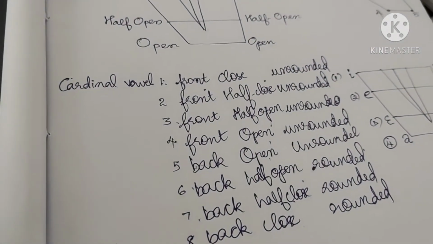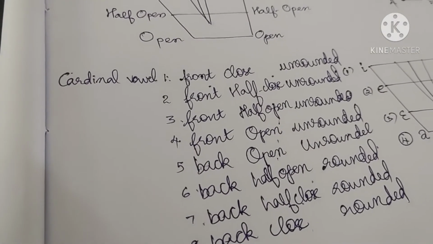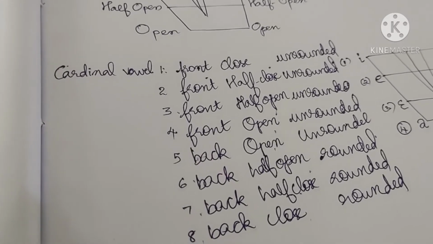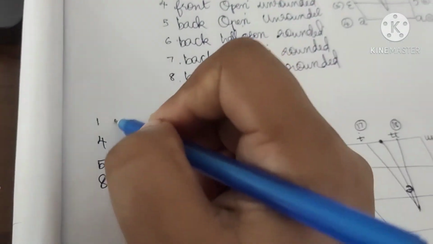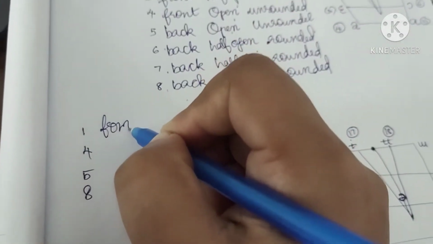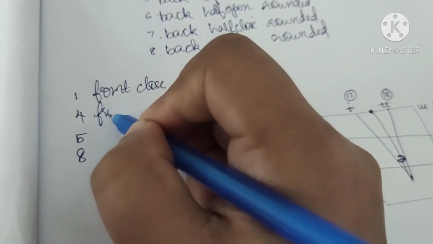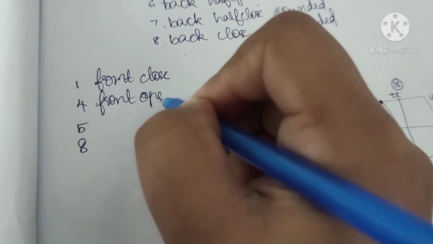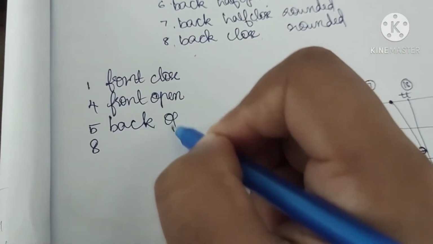Now let us take cardinal numbers 1, 4, 5, 8. Number 1 is front, close, right? Number 4 is front, open. Number 5 is back, open.